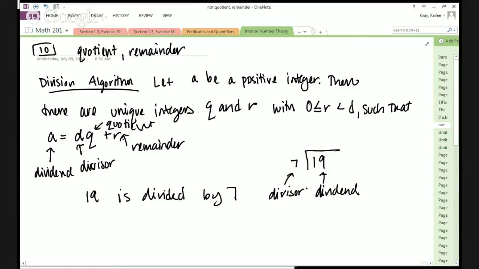All right, so 7 goes into 19 2 times evenly, okay? So that value without any remainder or decimal places, that's our quotient. So our quotient in this case is going to be an integer. But it doesn't go in there evenly, right? We've got a remainder. 7 times 2 is 14, so our remainder is 5.